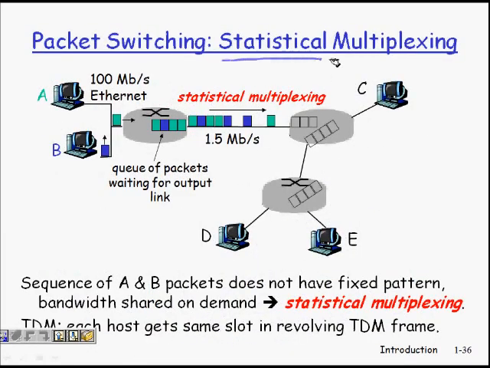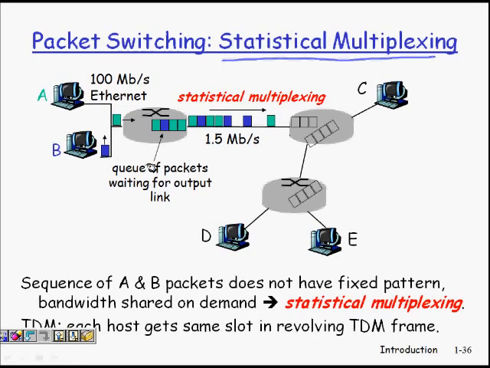So first is statistical multiplexing. A and B have data to send. Link capacity is 1.5 megabits per second. There is a queue here, and they will be sending their packets, and they will be statistically multiplexed, which means that if they have data, they get enqueued here and sent.